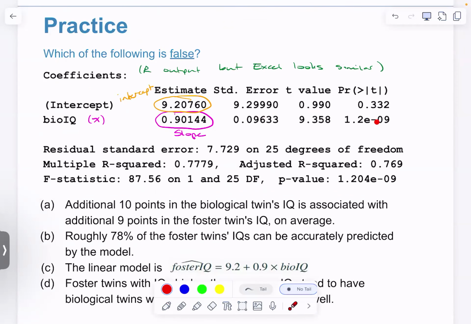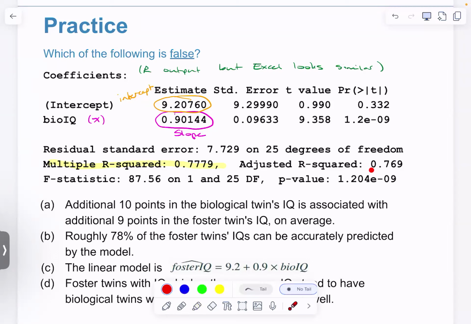We'll get to these points soon enough. There's a bunch of gibberish, blah, blah. The only thing we really care about here is r squared. There's two options. They'll be relatively similar, but for now, we'll just use the multiple r squared, but it doesn't really matter which one you use.